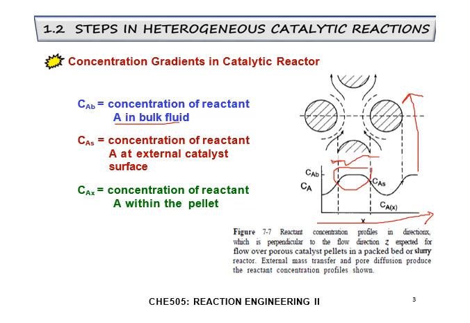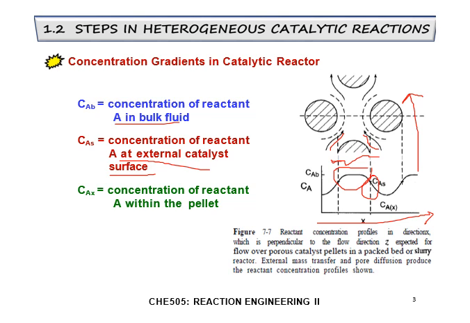And then when the fluid goes near the external catalyst surface, in this area, we call it the concentration of reactant at the external catalyst surface. So when the bulk fluid tries to go through a rather narrow place, the concentration will drop here. So we call it the concentration of reactant A at the external catalyst surface.